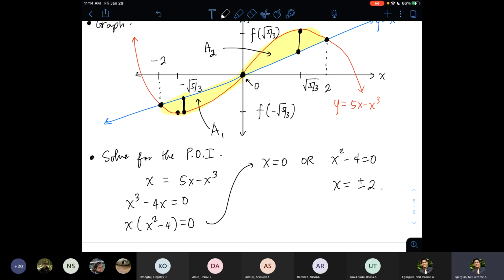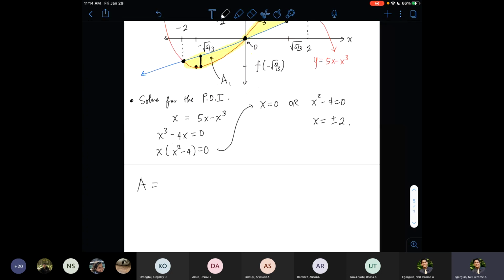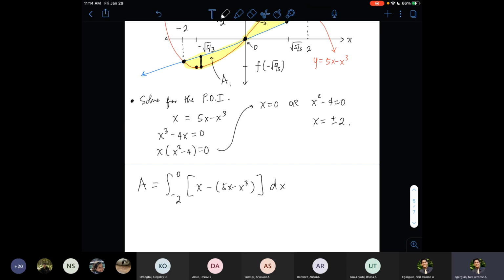We notice that the first area, ranging from x equals -2 until 0, has the blue function on top and the red function at the bottom. So the area will be given first by the integral from -2 to 0 of the top function, x, minus the lower function, the cubic one, 5x minus x cubed, dx, plus the area of the other subregion, starting from 0 and ending at x equals 2.